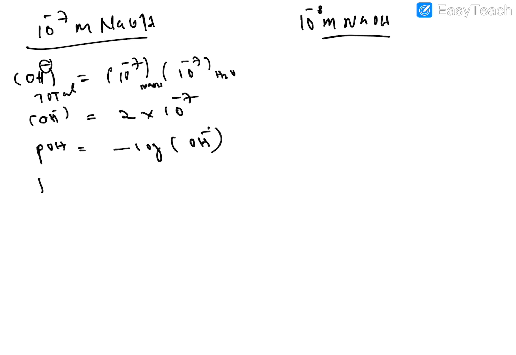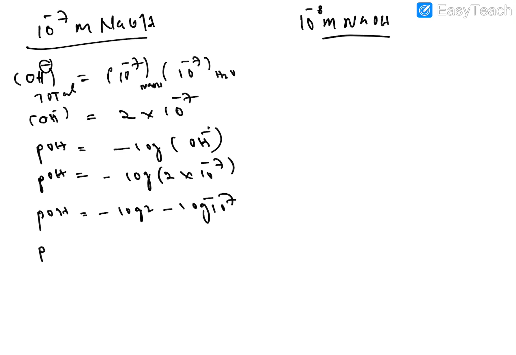So pOH is equal to negative log of 2 into 10 to the power of minus 7. Okay, so we can calculate here, this is a very basic calculation. The pH is equal to, the 2 coming here, negative log 2 and 10 to the power of minus 7.